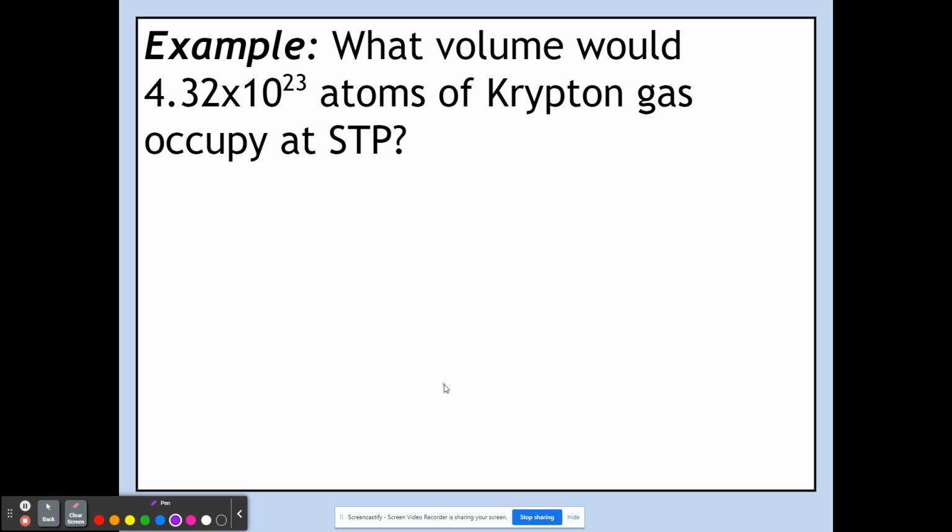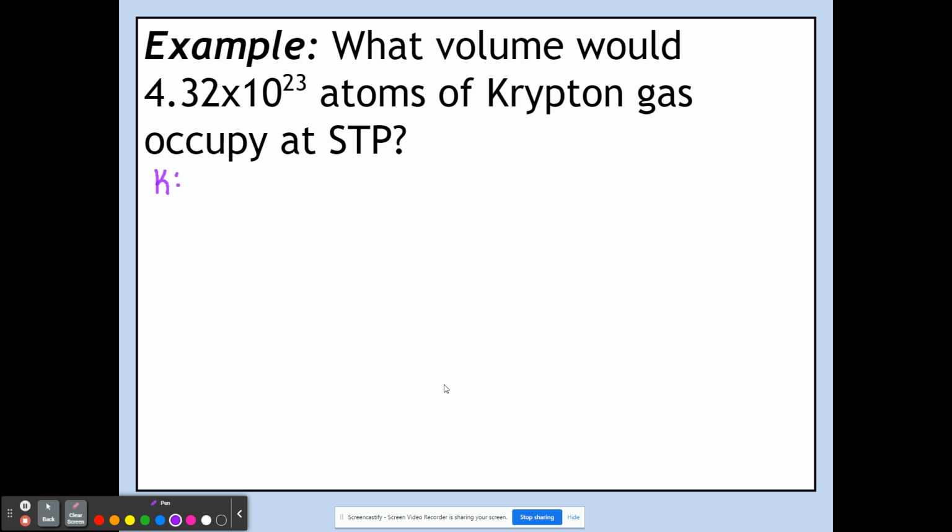So our first thing is looking at our problem and figuring out our known and our unknown. What volume would 4.32 times 10 to the 23rd atoms of krypton gas occupy at STP?